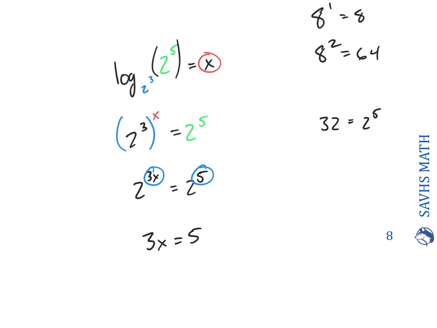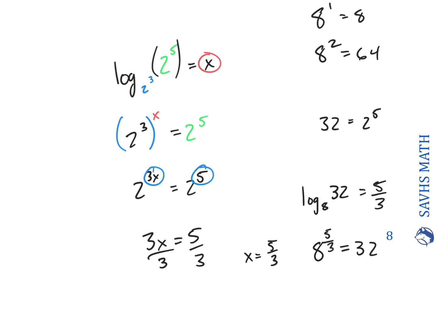So then, if I know 3x equals 5, then I can divide by 3. And I get x equals 5 over 3. So I know that log base 8 of 32 equals 5/3 because 8 to the 5/3 equals 32.